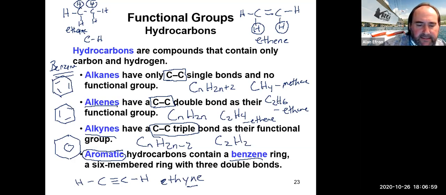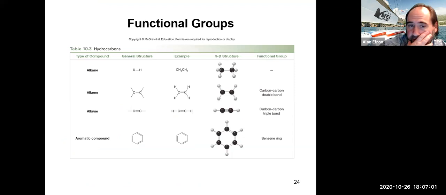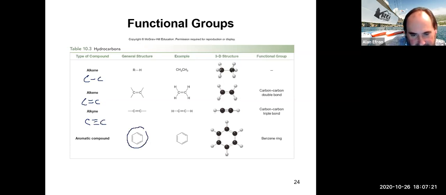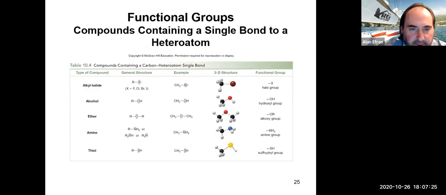So let's take a look at some of these different functional groups. And again, we're going to hit pretty much all these along the way here, and we'll talk about naming all these. So as I mentioned before, this is our alkane with our carbon-carbon single bond, our alkene, carbon-carbon double bond, carbon-carbon triple bond. Again, our aromatic, a much nicer drawn benzene ring that is there. Some other organic functional groups that we will see along the way here.